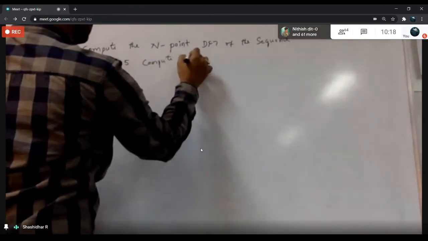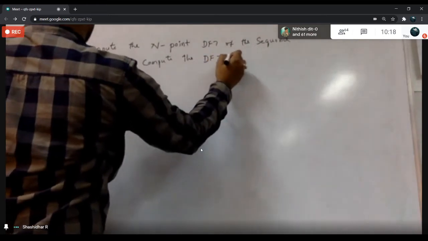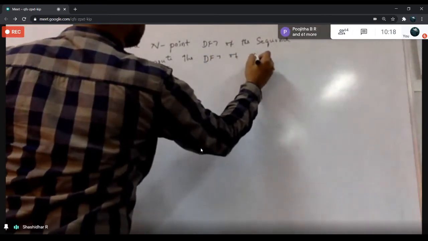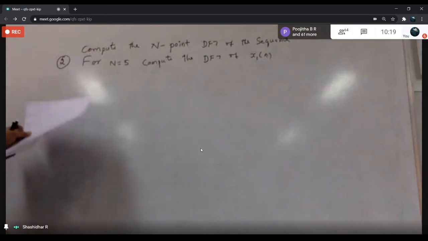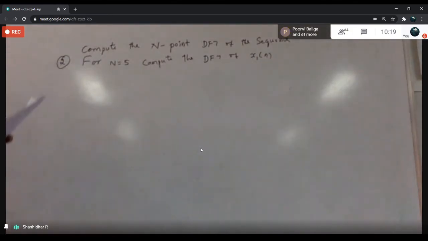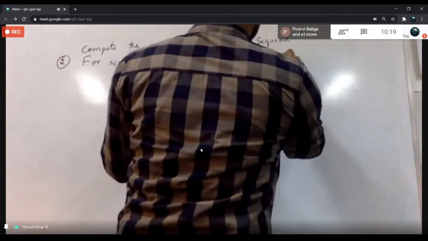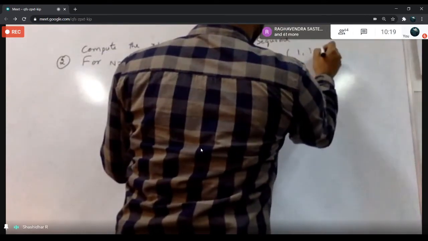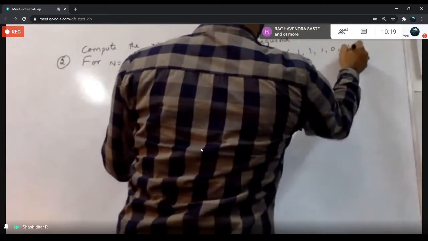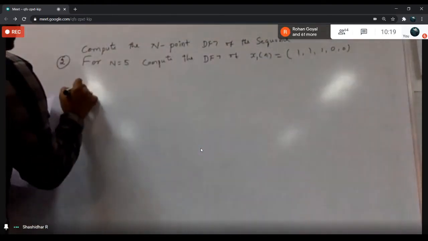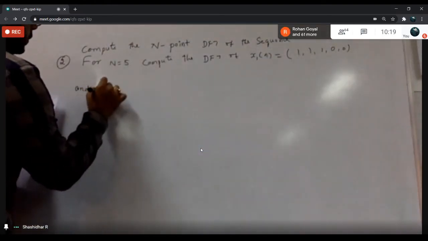Compute the DFT of, here I have given two sequences, x1 of n and x2 of n. So here x of n is equal to 1, 1, 1 and 0, 0.